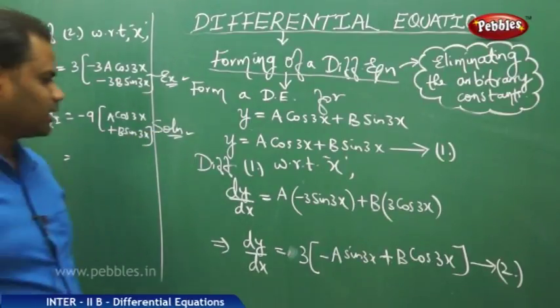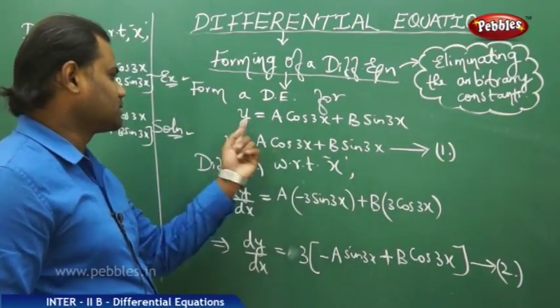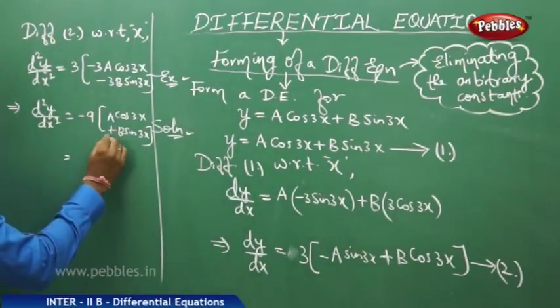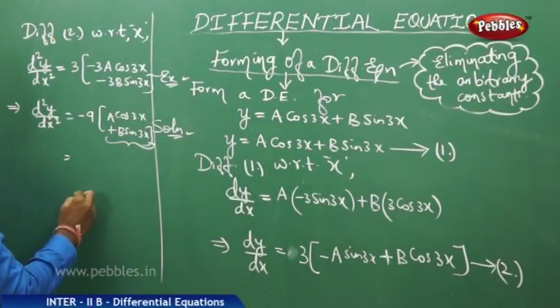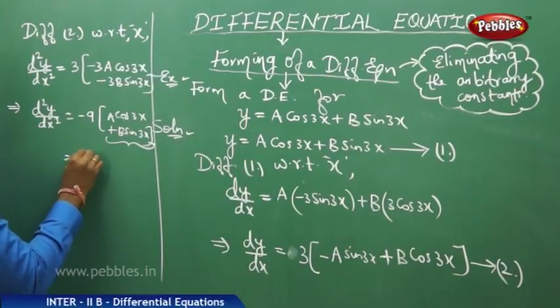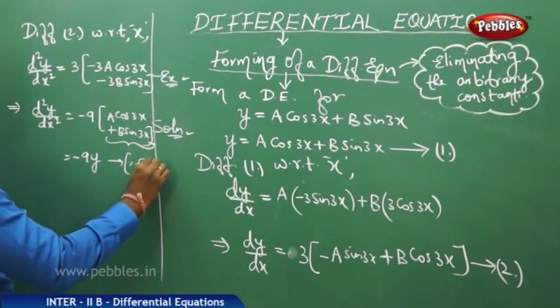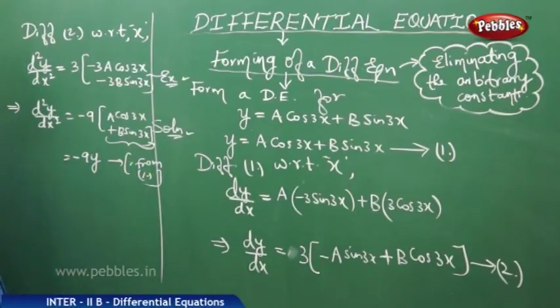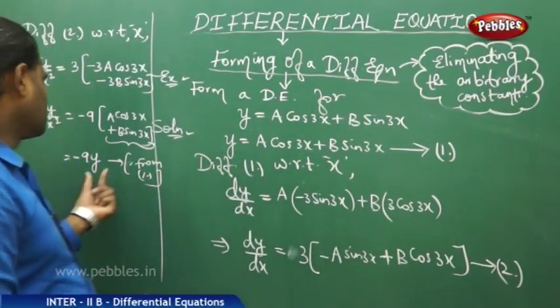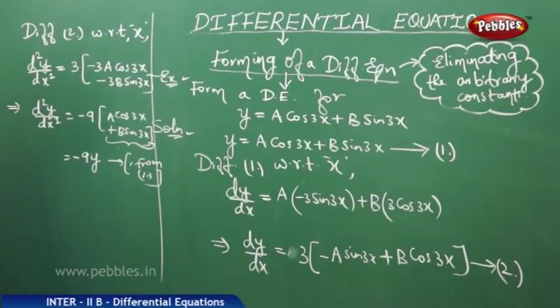Now a cos 3x plus b sin 3x is y, which I'm going to substitute from equation 1. Therefore, this is minus 9y, since from equation 1 we substitute y on the right hand side.